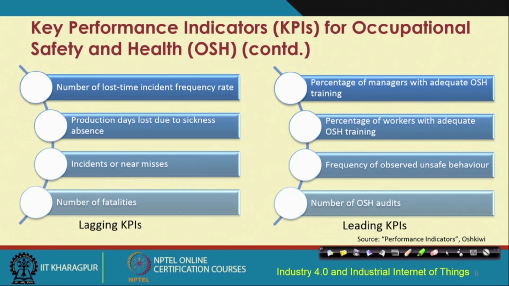Under the lagging KPIs category, we have the lost time incident frequency rate, meaning how many times incidents have occurred and we have lost time due to those incidents, and the frequency of occurrence of those incidents. Also, production days lost due to sickness absence, incidents or near misses, and number of fatalities. These are the lagging KPIs.